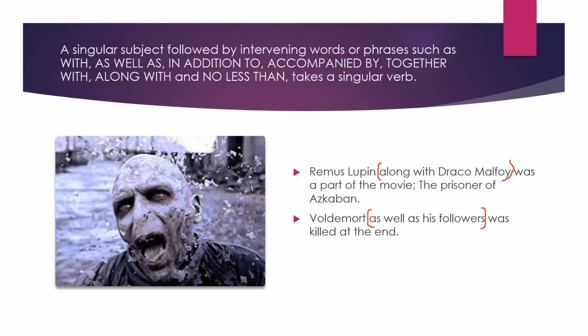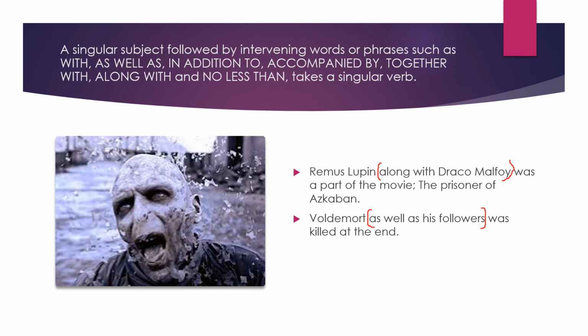Had it been the followers of Voldemort as well as he himself, killed at the end, the followers of Voldemort as well as he himself were killed at the end.